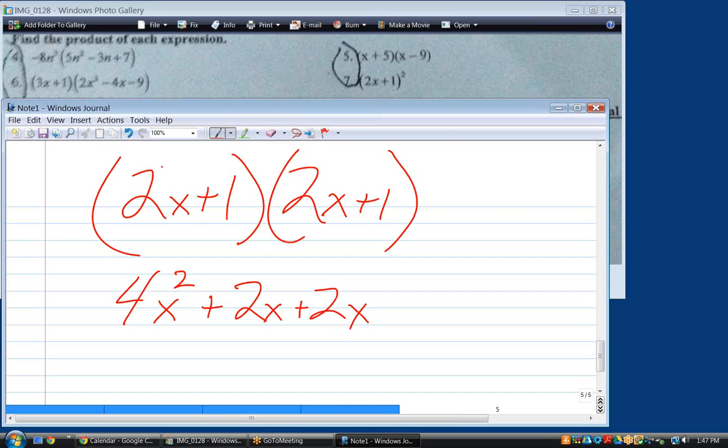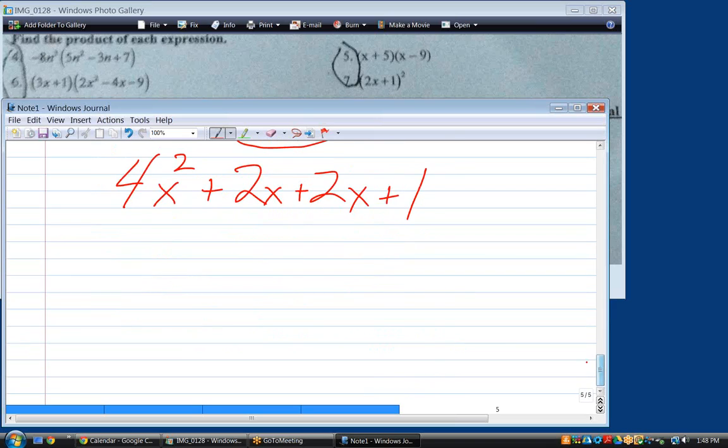Here's what I'm going to do. I'm going to do that times that, and I'm going to do that times that, then I'm going to do this times this, and then I'm going to do this times this. All right. So you got the first 3 of them done. What's the final term? It'd be a 2. I mean 1. Got it. Sorry about that.